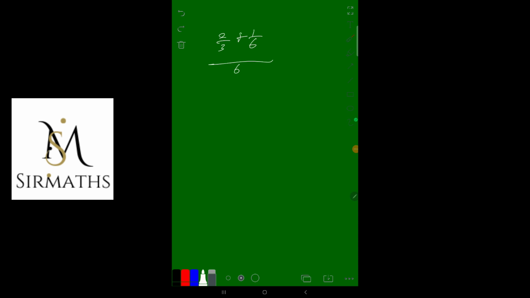So 6 divided by 3 will give us 2, and 2 times 2 will give us 4. 6 divided by 6 will give us 1, and 1 times 1 is 1. And we add the numerators, which is 4 plus 1, giving 5 over 6. We use the LCM when the denominators are not the same. That is for addition of fractions. Let's look at subtraction.